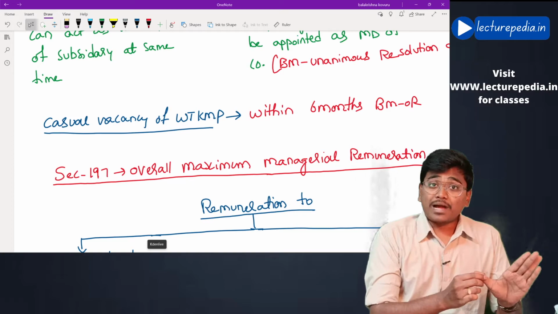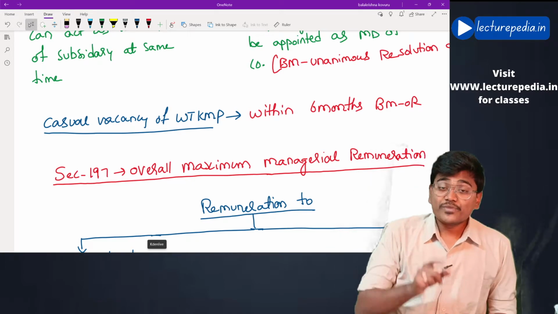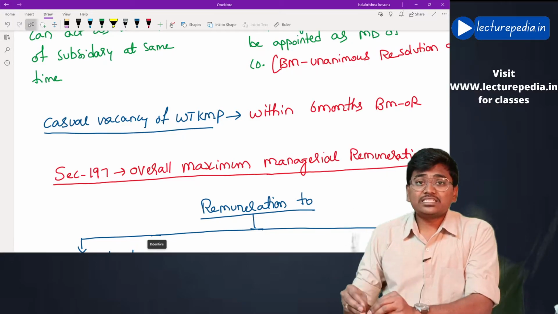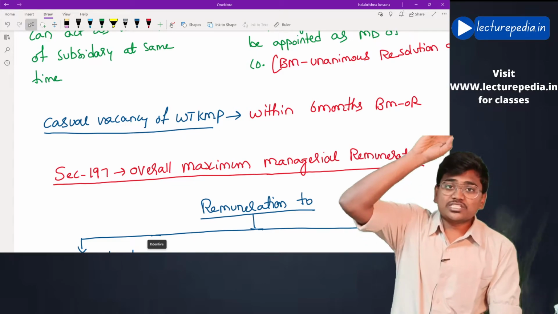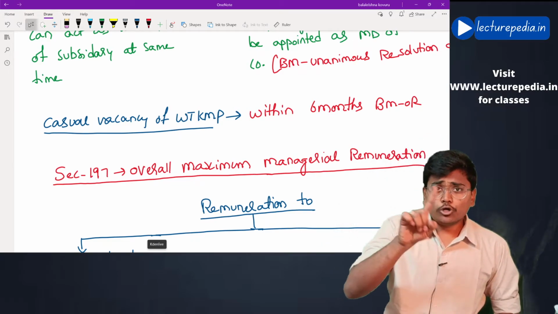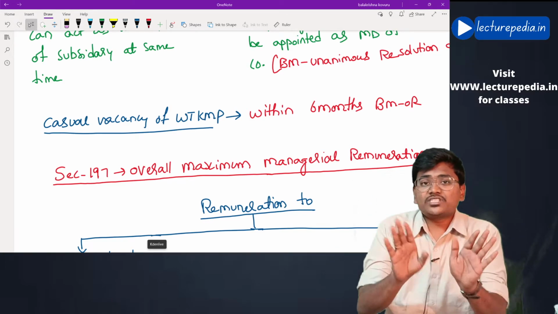But for managing director and whole-time director who are also key managerial personnel, since they are directors in the first place, their casual vacancy will be filled as per section number 161 subsection 4. In section number 161 subsection 4 also board meeting ordinary resolution is only required, but the time limit of 6 months is not required.